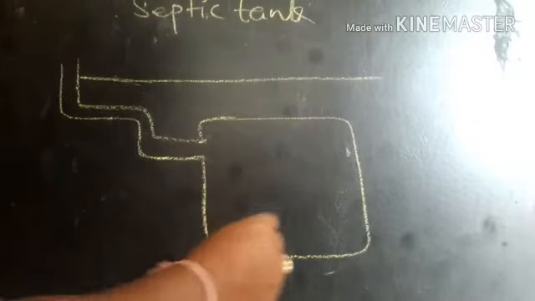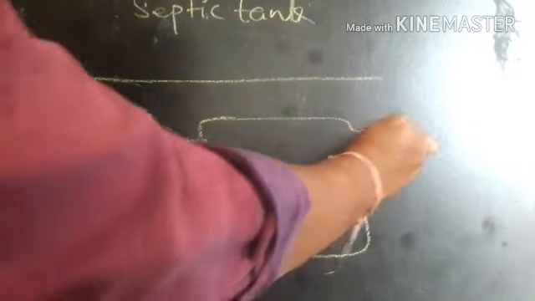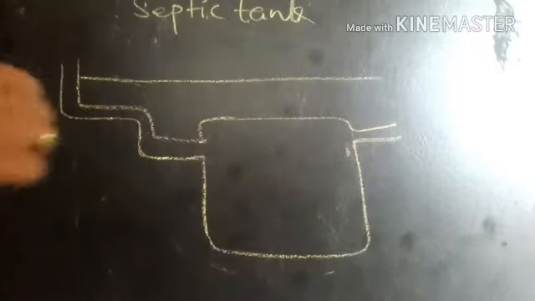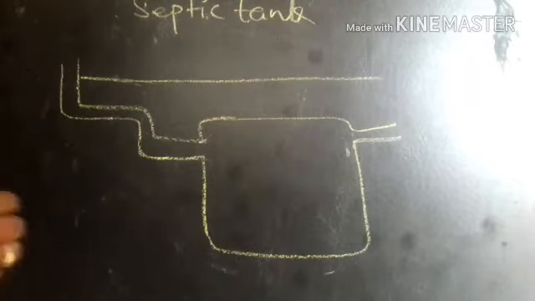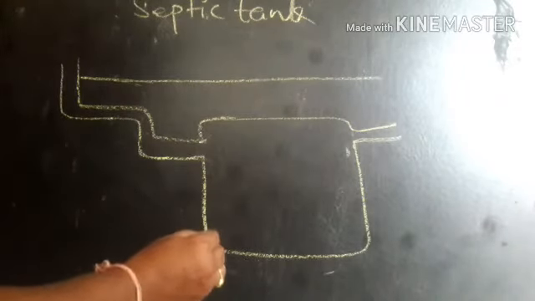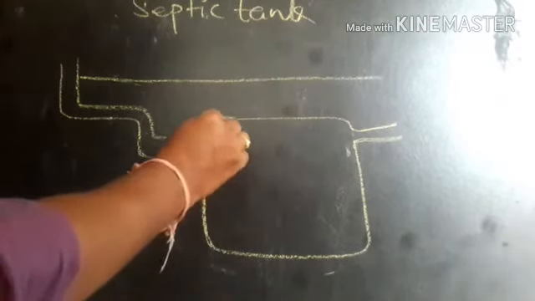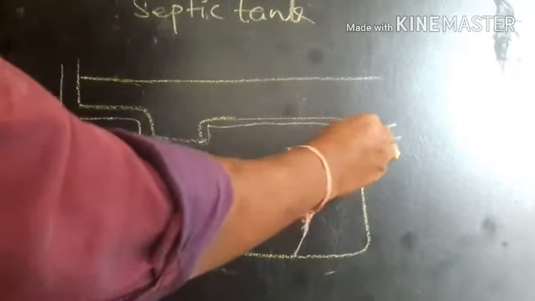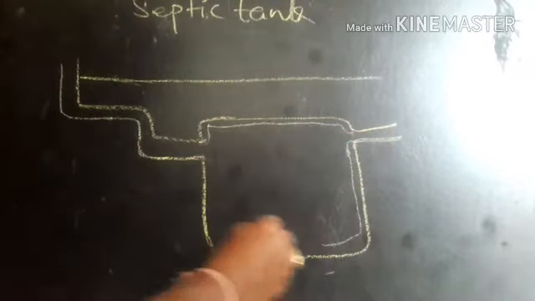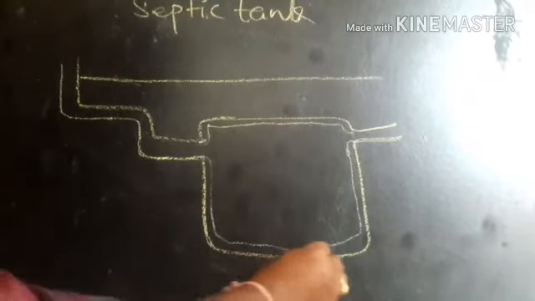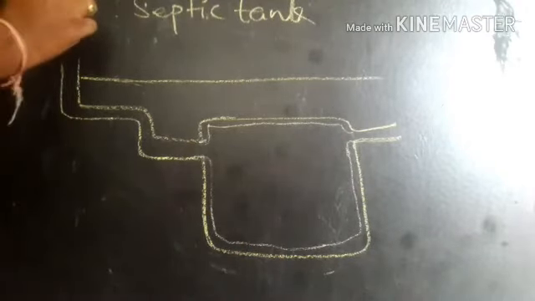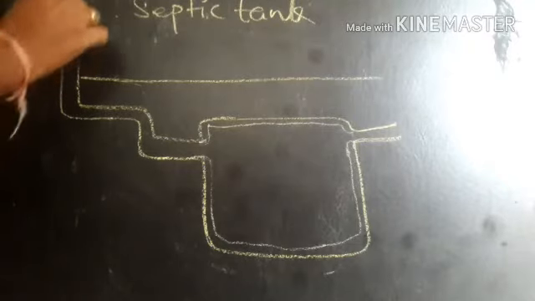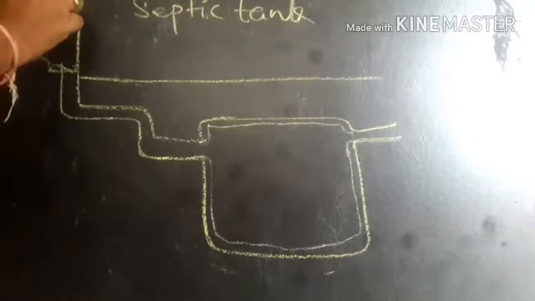There is also an outlet for releasing the excessive water. And it is coated with cement or concrete, and here is the toilet seat.